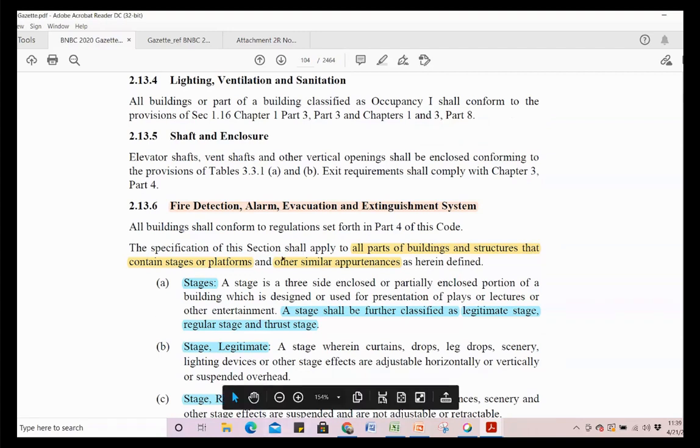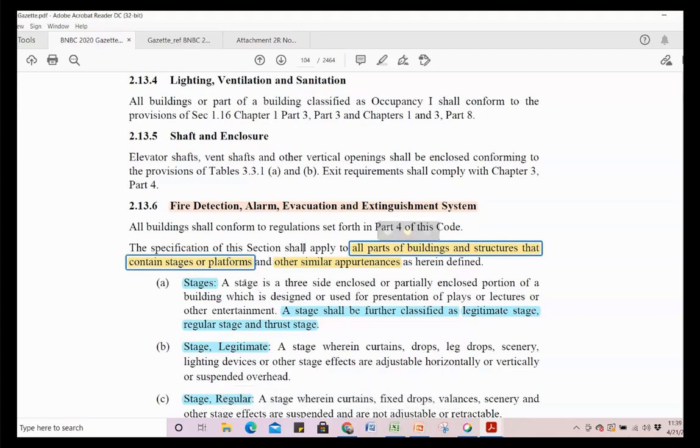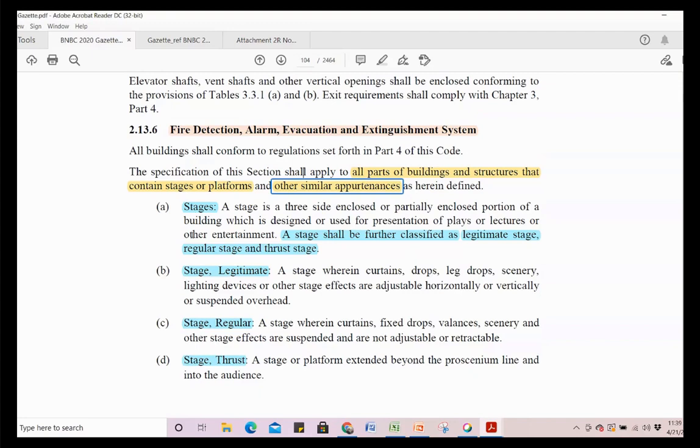The specification of this section shall apply to all parts of the buildings and structures that contain stages or platforms and other similar appurtenances as herein defined. So there is a first definition. Maybe in this subsection there is a hierarchy issue. I'll mention that later. But there is a definition for stages.